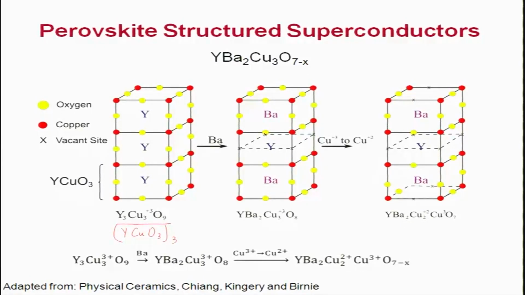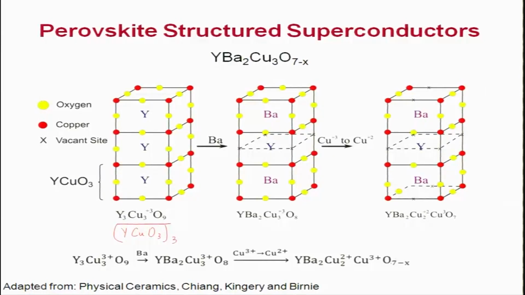You further reduce Cu3 plus to Cu2 plus, so that it becomes YBa2Cu2 2 plus Cu3 plus O7. So, you have 2 Cu with Cu2 plus, 1 Cu with Cu3 plus, and as a result oxygen becomes 7. When you do that, the reduction is not complete, it's not stoichiometric.